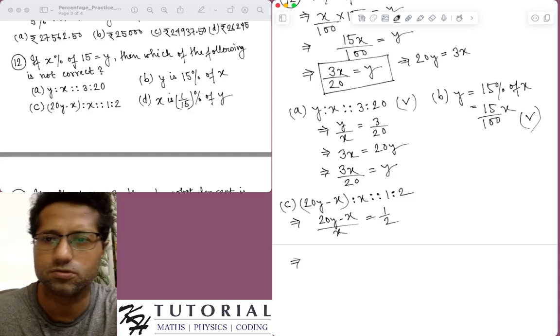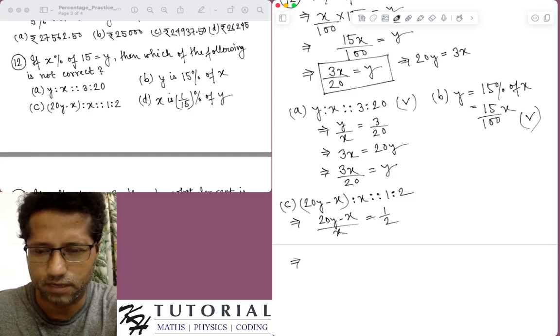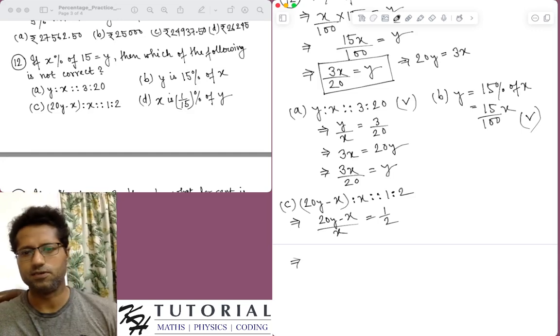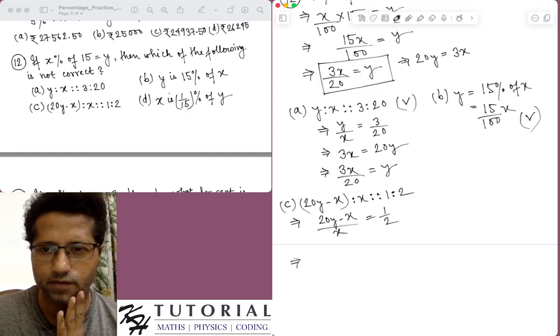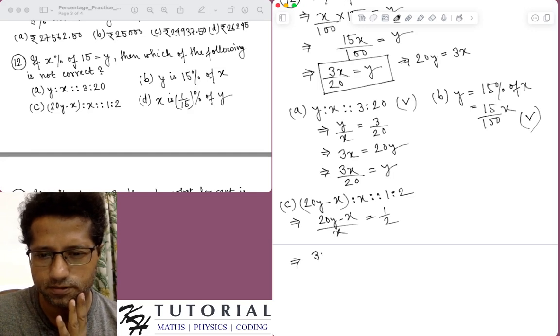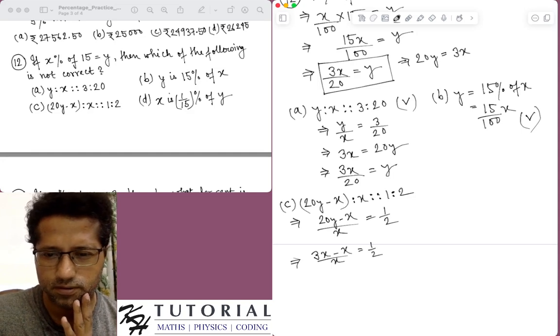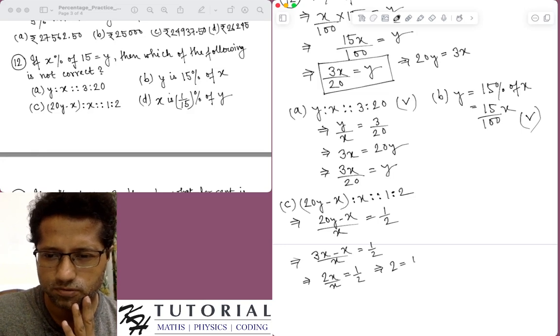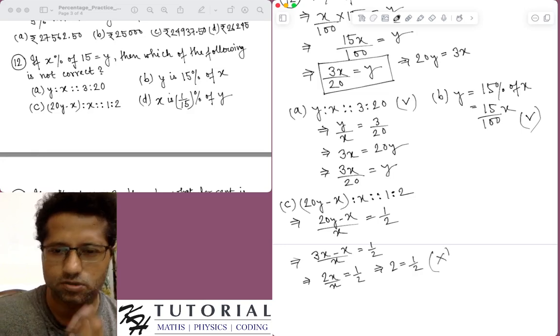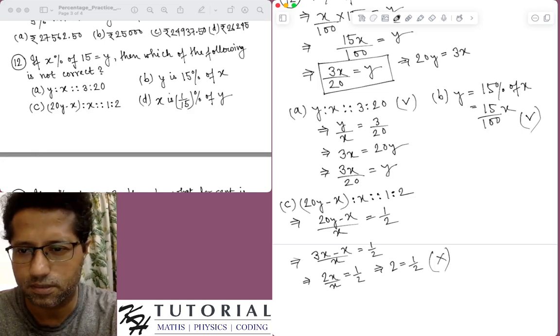In the expression for choice C, we have 20Y minus X by X equals half. Now if we replace 20Y with 3X, we get 3X minus X by X equals half. This means 2X by X equals half. This implies 2 equals half. So this is not a correct statement. So definitely the answer will be choice C, because C is not correct.